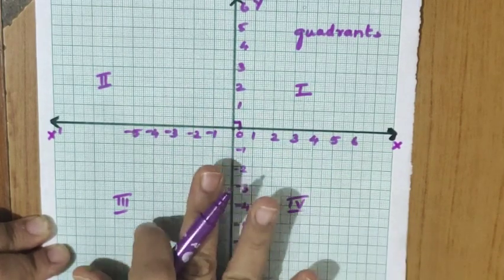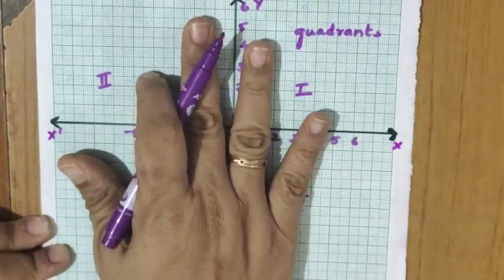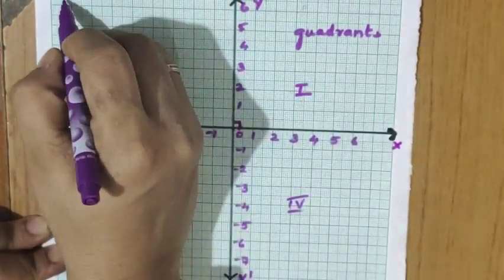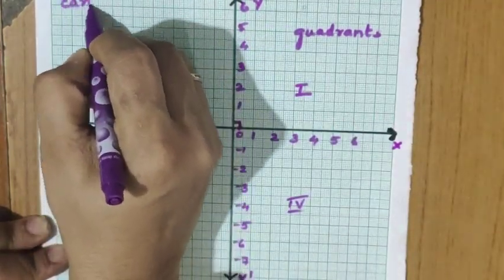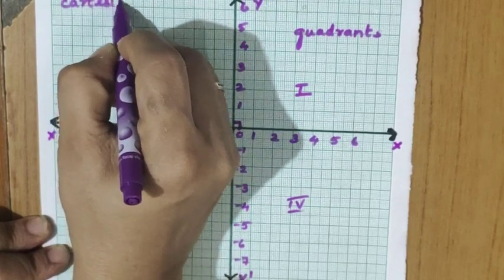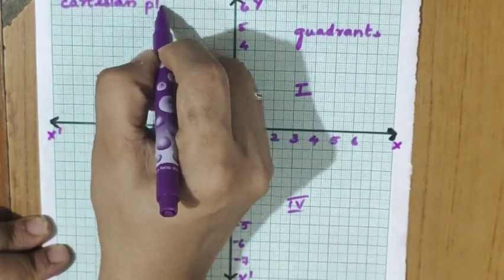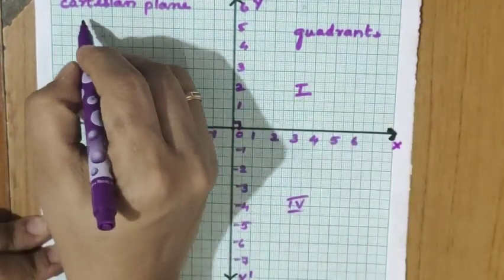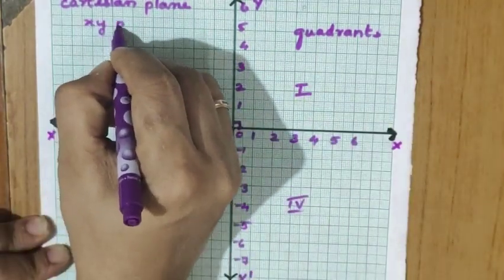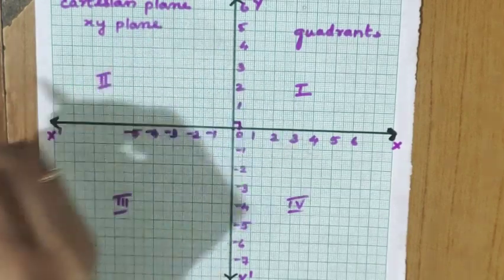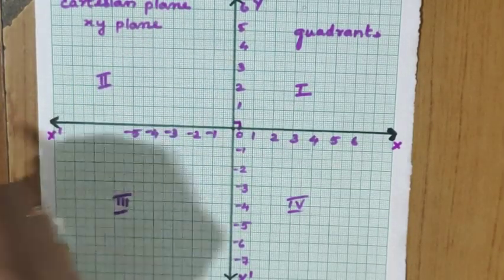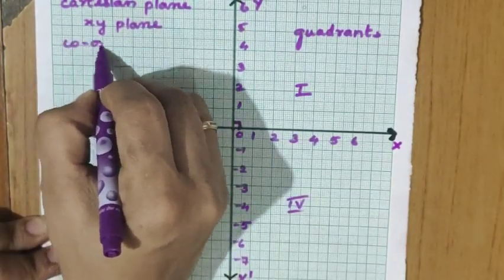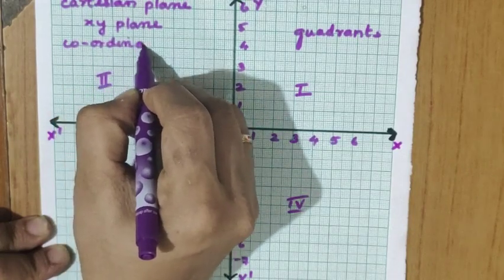Now this plane together is called the Cartesian plane, right? And since we are using x and y here, it is also the xy plane. One more name for this is the coordinate plane. What is the name?